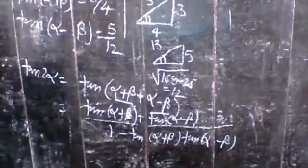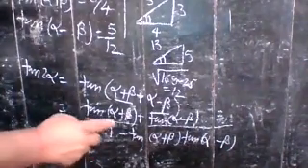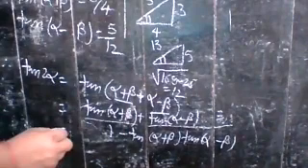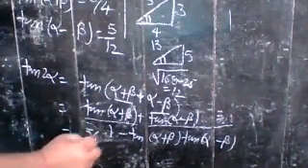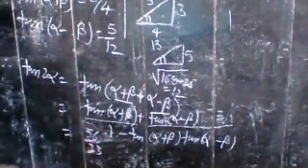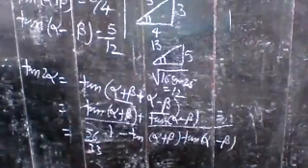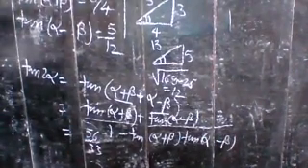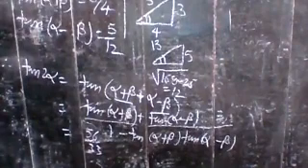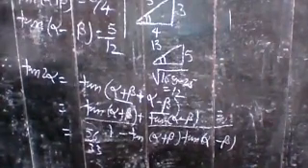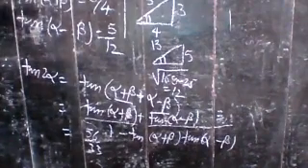Yes, check it. On putting the values of tan alpha plus beta and tan alpha minus beta, your answer is 56 upon 33. Now come to the next question. Okay, right. Just I dictated.